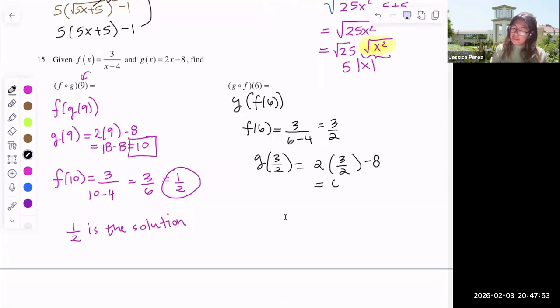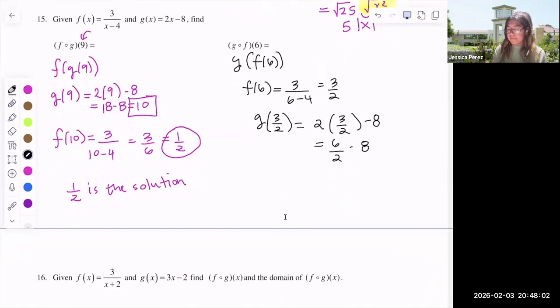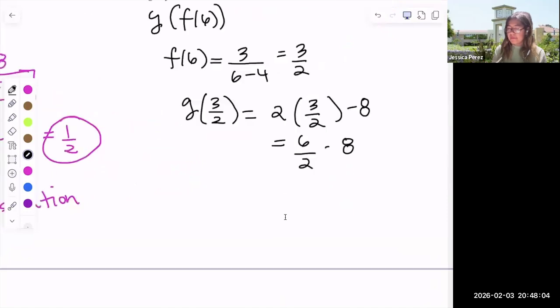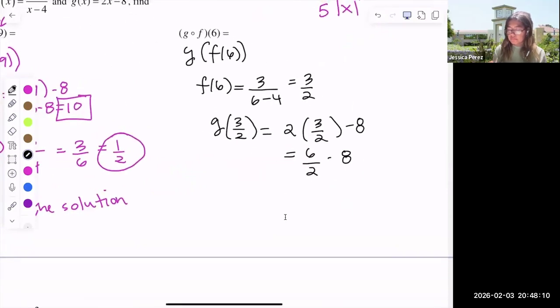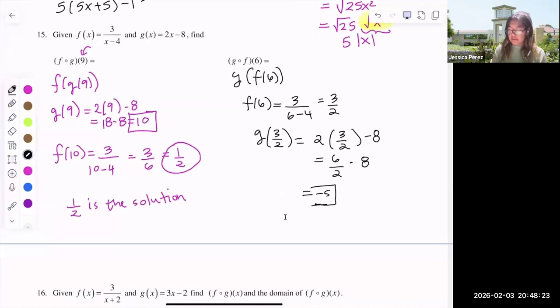Well, this gives you 6 over 2, or just 3, minus 8. And 3 minus 8 gives you -5. And that's my solution, -5, for this particular answer.